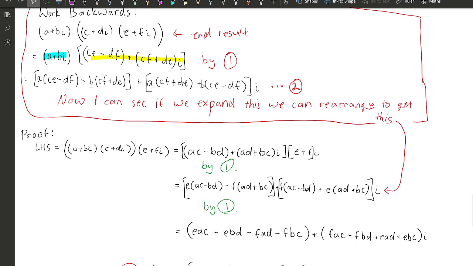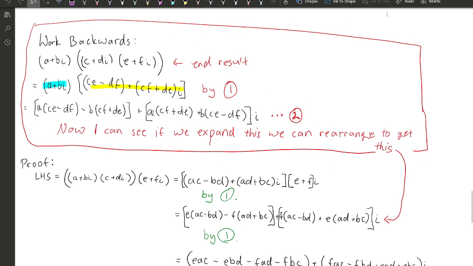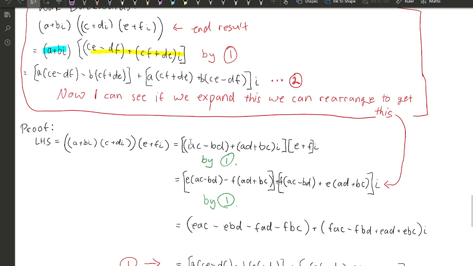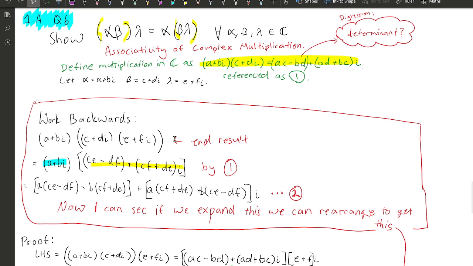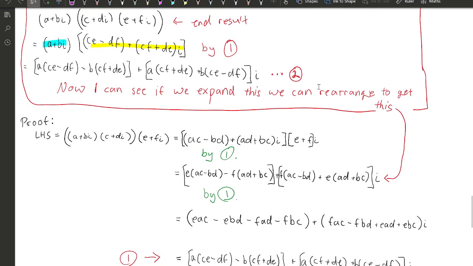And I noticed that if you expand this, if you distribute this out, it equals this. And so all we have to do is now work backwards from here to this result, working backwards to the right-hand side. So using 2, that's not 1 right there, that's a 2.